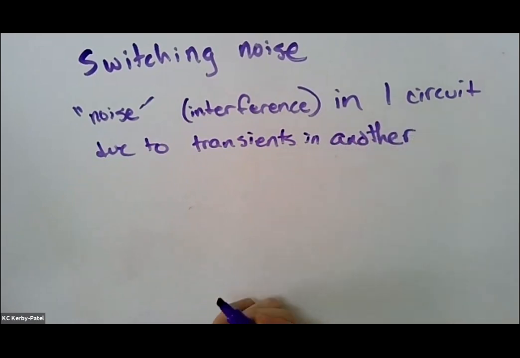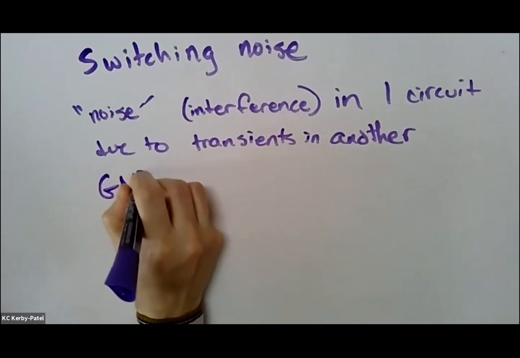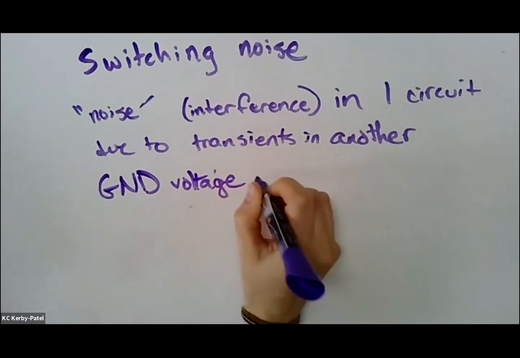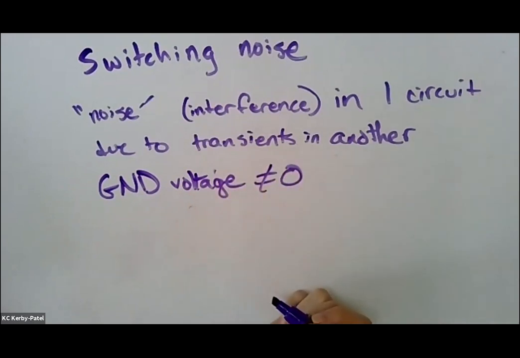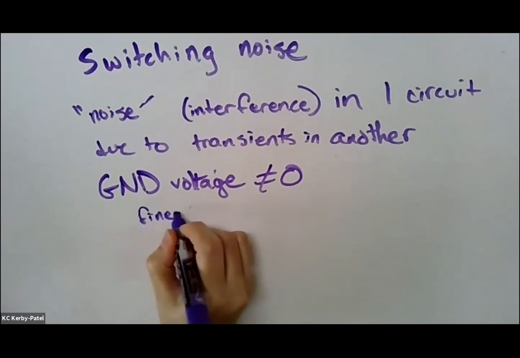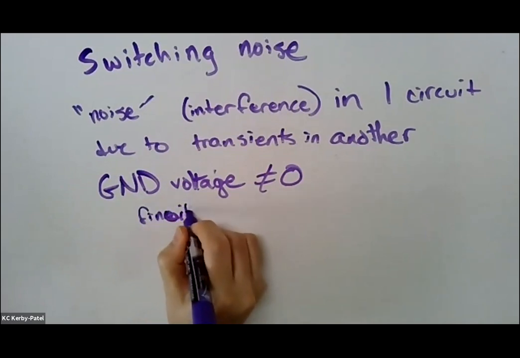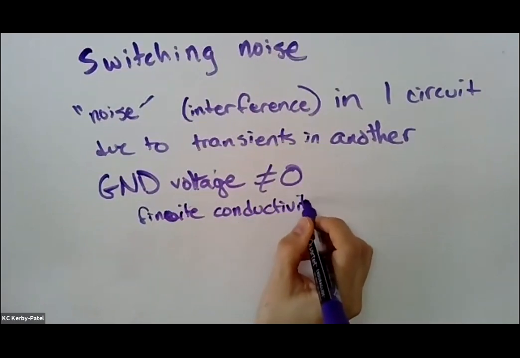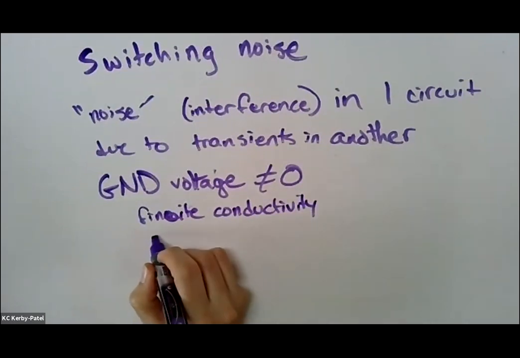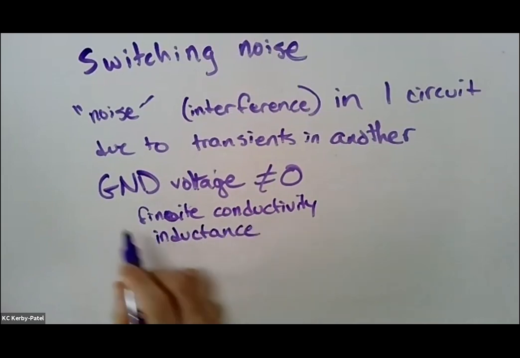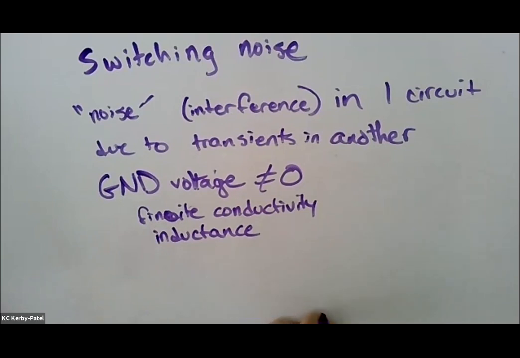So you might end up with your ground voltage not being perfectly equal to 0. Because the ground plane is a finite conductivity thing, and it actually has some inductance. So you can support a voltage across the ground. That could be a problem.